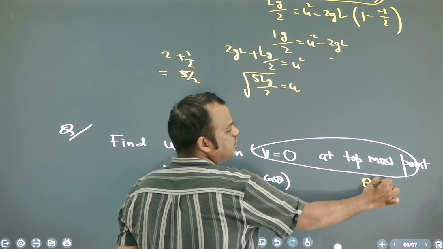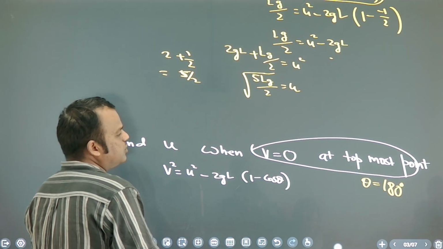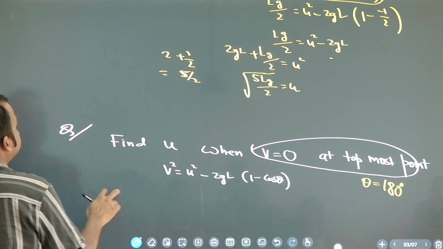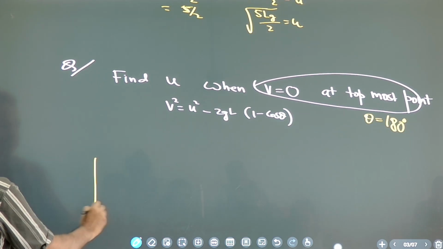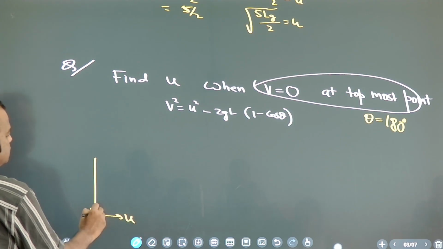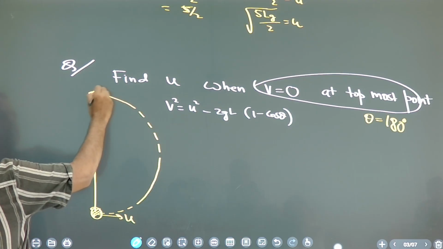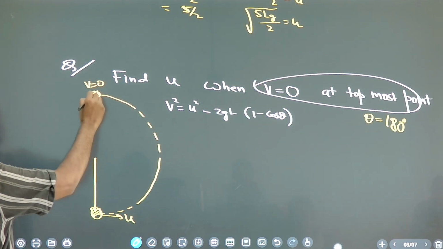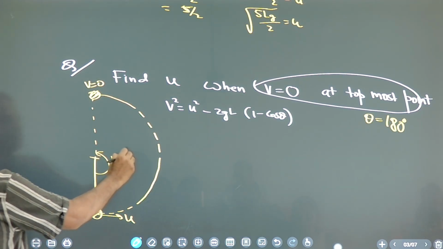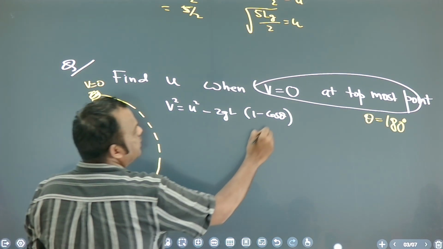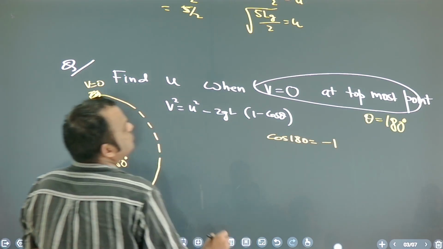What is the angle at the topmost point? 180 degree. So here velocity is 0. What is cos 180? Tell me, you know it. Minus 1.